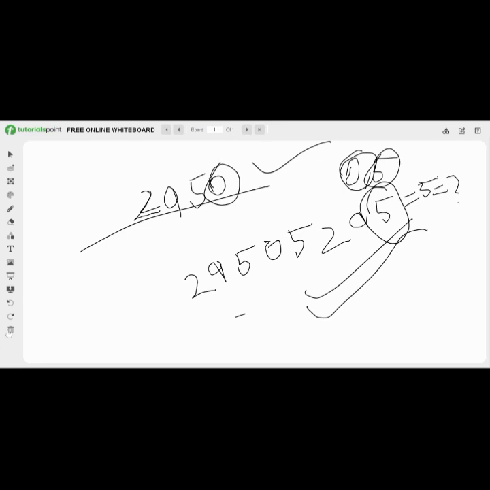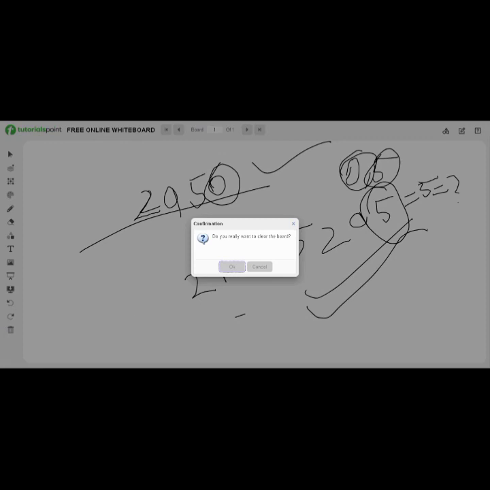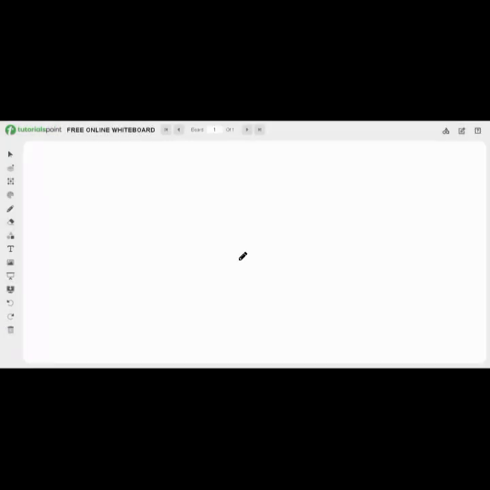Let's see the divisibility rule for 6. For 6, it's a bit tricky. You need to check if the number is divisible by 2 and also by 3. If the number is divisible by both of these, then it's divisible by 6.